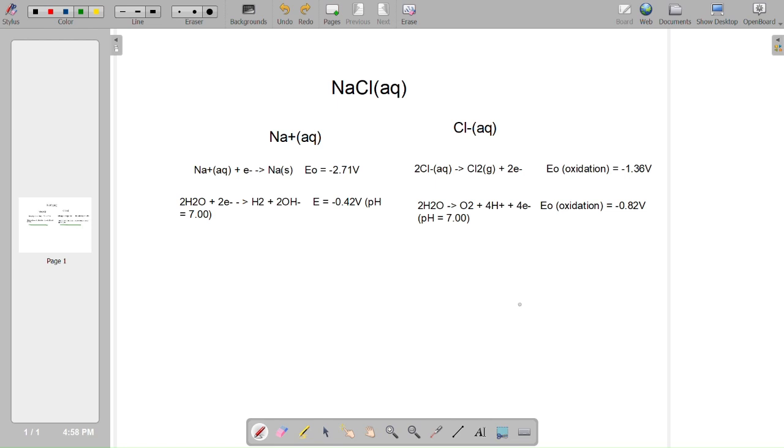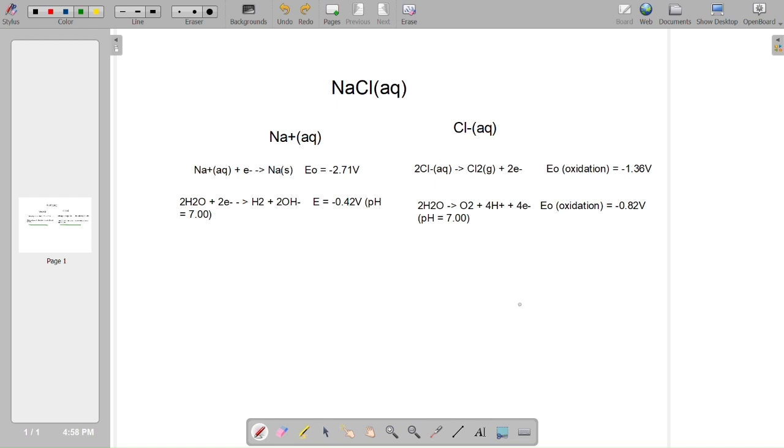Specifically overpotential. I'm going to assume you know what electrolysis is. It's when you power a non-spontaneous process using voltage. I assume that you know what an electrolytic cell does and what it is, so I'm not going to go too much into electrolysis, but I am going to talk about overpotential today.